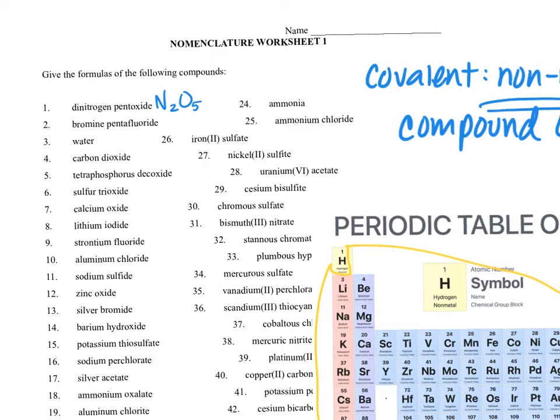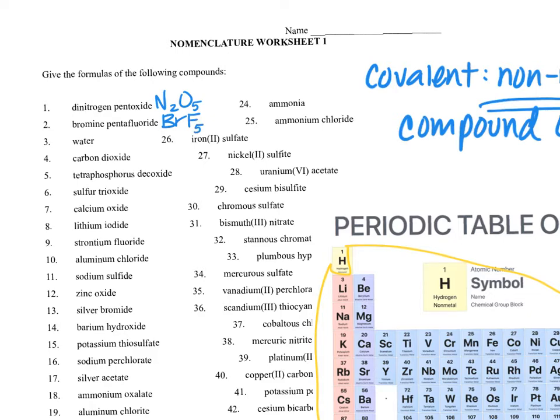All right, moving on, bromine pentafluoride. There's no prefix in front of bromine because there's only one of them. If there's only one atom of the first element represented in the compound, then the prefix mono is left off. So that just is Br. And then pentafluoride, penta again is 5, and this comes from fluorine.